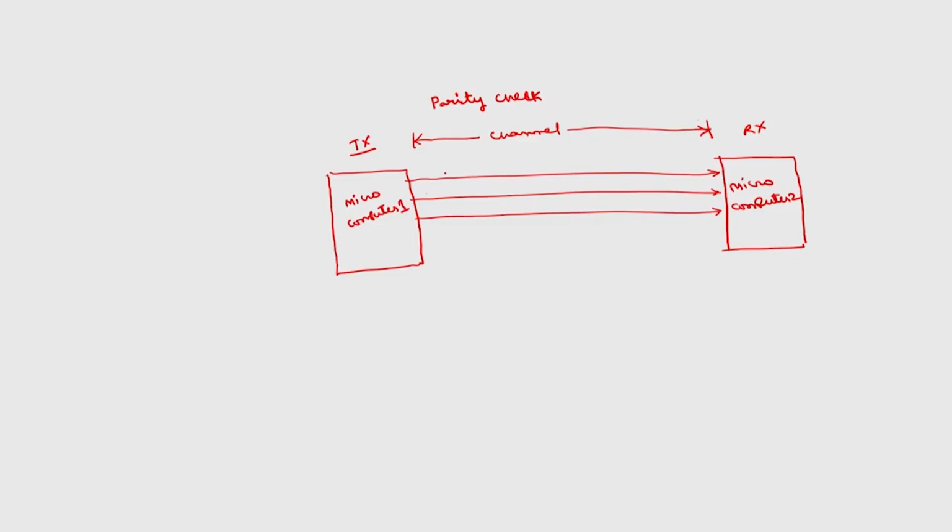Suppose you have 3 message signals, say M0, M1, M2. At the transmitter, instead of transmitting just the message signal M2, M1, M0, which is the actual information signal, where M2 is the MSB and M0 is the LSB, in addition to these 3 bits I will add one more bit, which is called the parity bit.